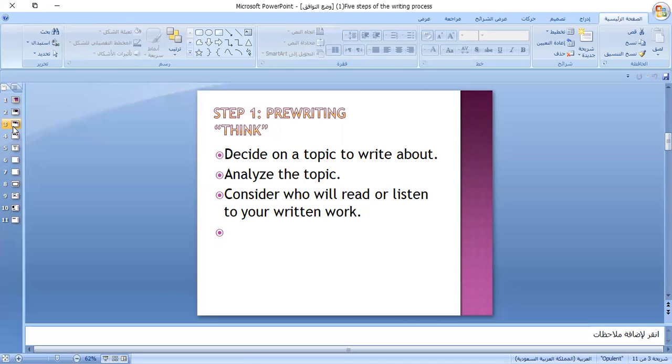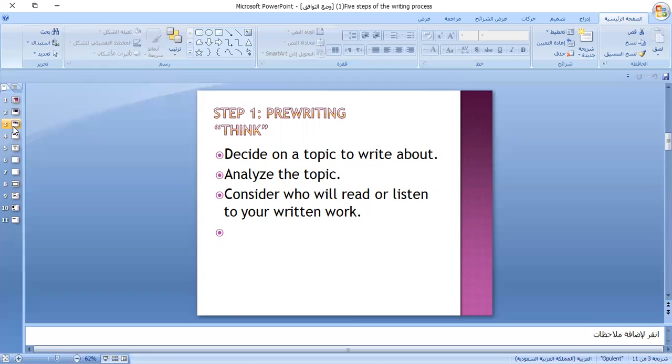What are the causes of pollution? What are the results of pollution? How can we find solutions for pollution? So you ask yourself many questions around the topic just to prepare yourself to do something in this topic, to draw a mental image, or an outline, or a wider idea about the topic.